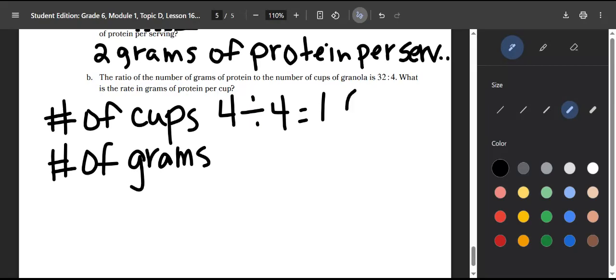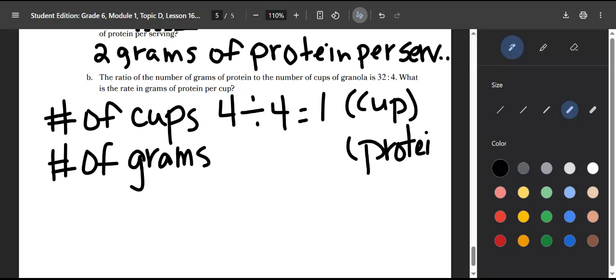And of course, let me just put right here, this is cups and this is going to be protein. All right, so the number of grams of protein is going to be 32 divided by 4, which we all know equals 8. So the rate is 8 grams of protein per cup.